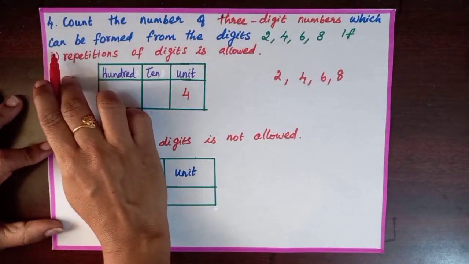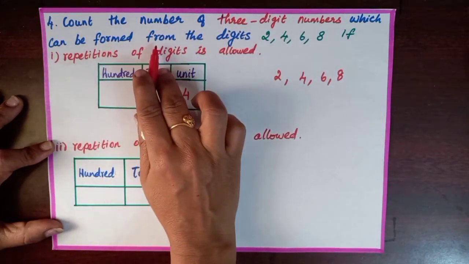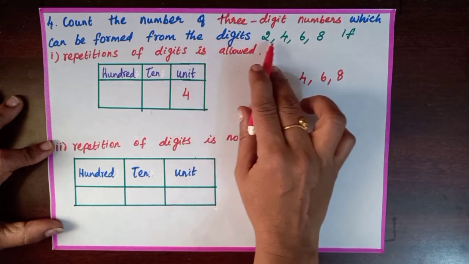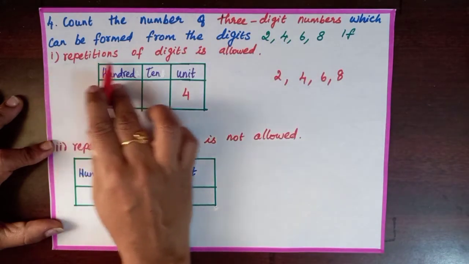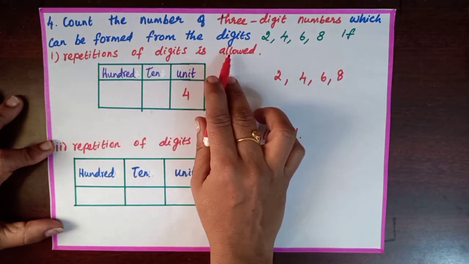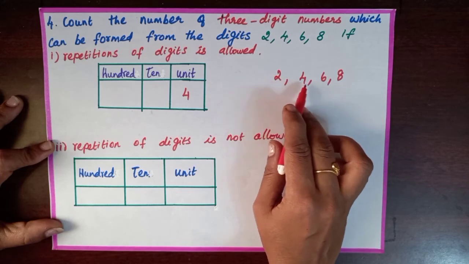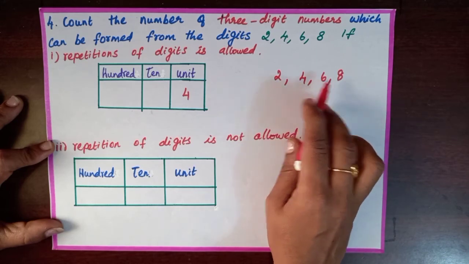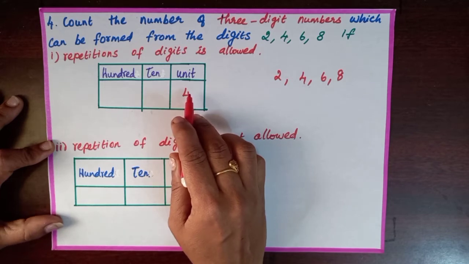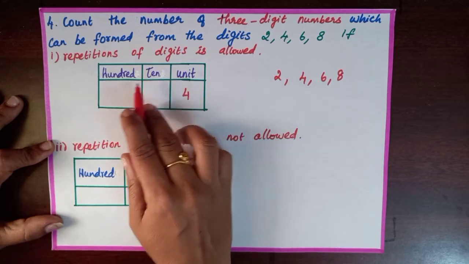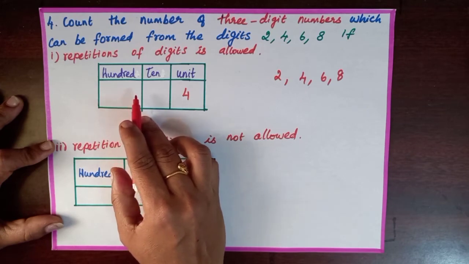Question number 4. Count the number of 3-digit numbers which can be formed from the digits 2, 4, 6, 8 if repetition of digit is allowed. Okay. So, here we are using the digits 2, 4, 6, 8. The unit place can be filled in 4 ways. Since repetition is allowed, the tens place and hundreds place can also be filled in 4 ways each.